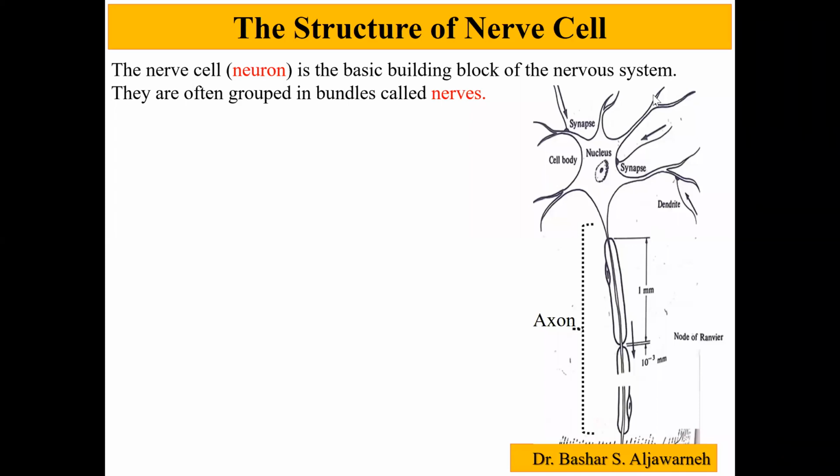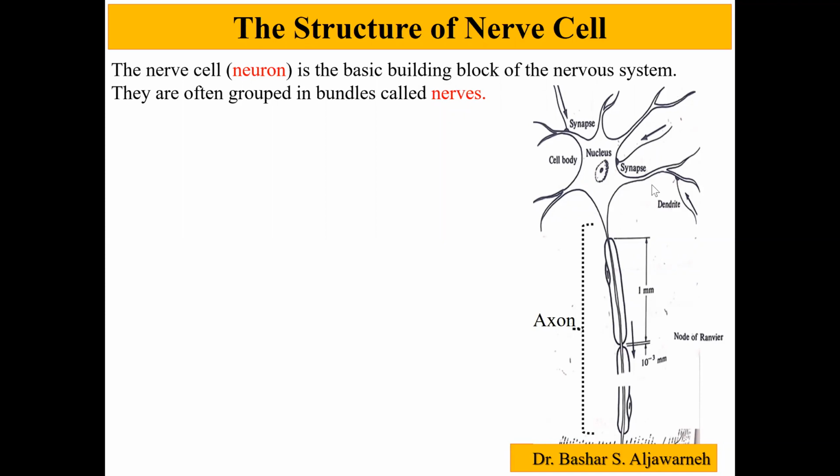Therefore, to understand the nervous system, we have to understand the structure of the nerve cell, or neuron, which is considered the main block of the nervous system. Usually the nerve cells or neurons can be grouped in a bundle.